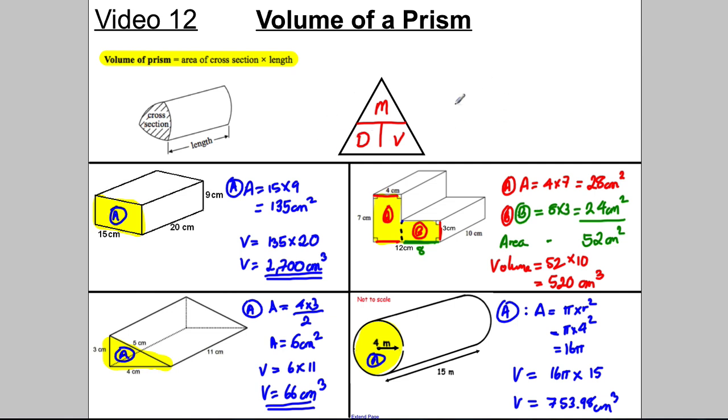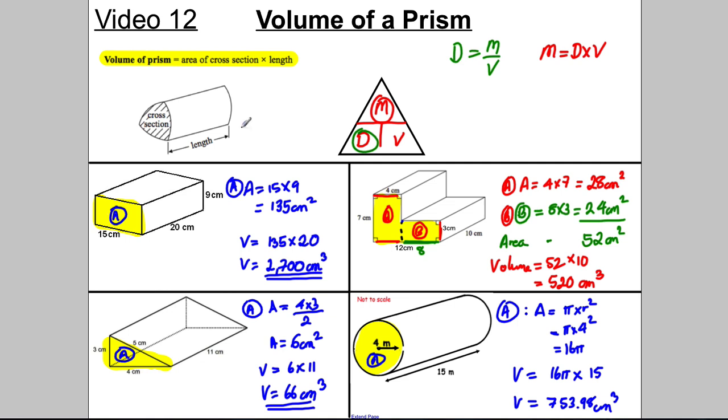So if you remember that triangle, that's telling you if you want to work out density, it's mass divided by volume. If you want to work out mass, it's going to be density multiplied by volume.